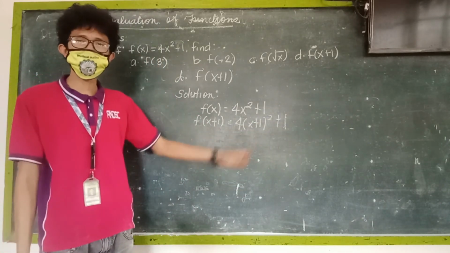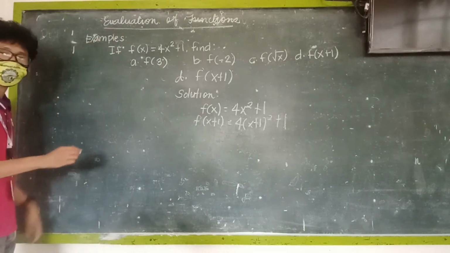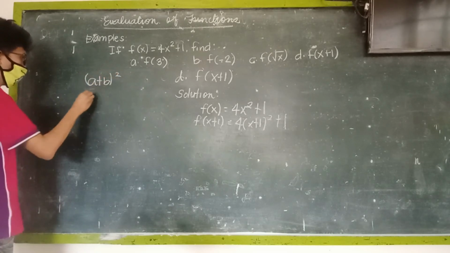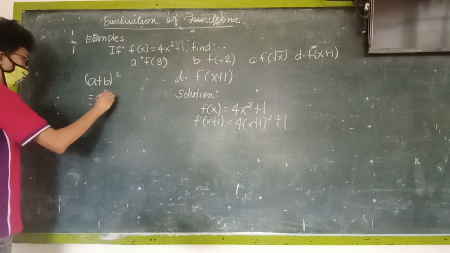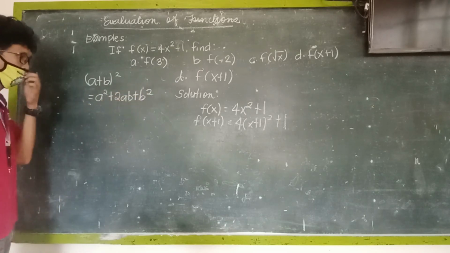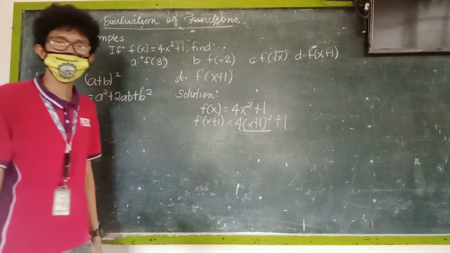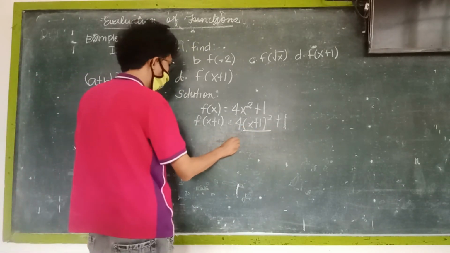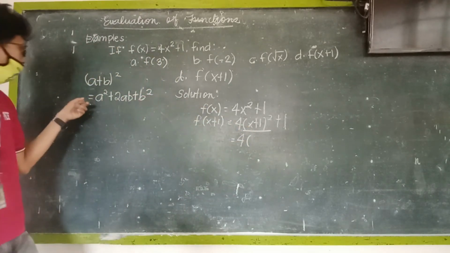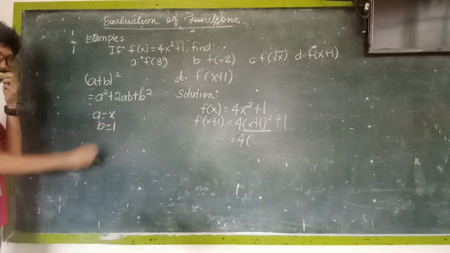We can use the special product for the square of a binomial. Tatandaan natin sa square of a binomial, a plus b quantity squared is equal to a squared plus 2ab plus b squared. So, gagamitin muna natin dito para ma-expand ang binomial. So, we have 4 times, let a be x, and b is equal to 1.